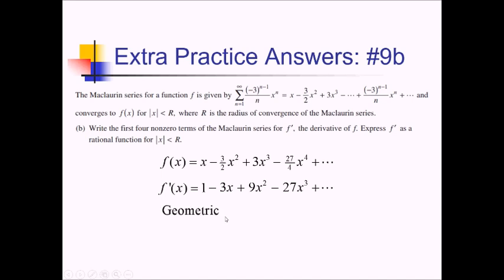We have an a1 value of 1 and an r value of, well, let's see, we keep multiplying by negative 3x each time. So I'm going to write this as a rational function just by using my infinite sum formula. That's a1 over 1 minus r. So I can write this then as 1 over 1 minus negative 3x, or 1 plus 3x. And that ends up being my rational function that I needed.